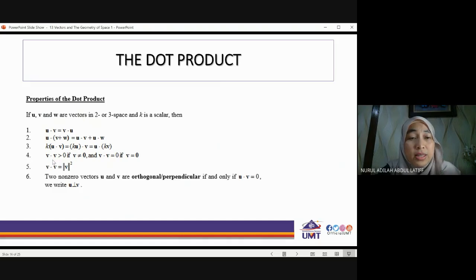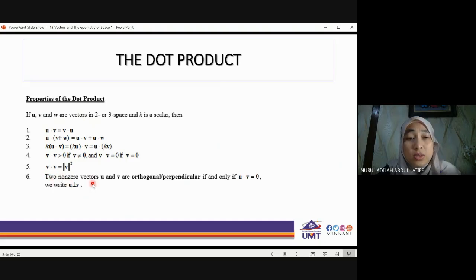Number 4, V dot V is greater than 0 if V is not equal to 0, and V dot V equals 0 if V equals 0. Number 5, V dot V equals the length of V squared.